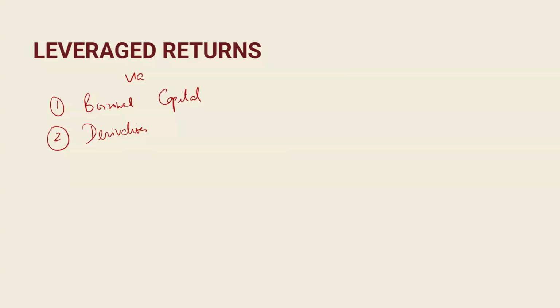When we talk about leverage returns, the formula is this. RL, the leverage return, is given by RP plus VB divided by VE, multiplied by RP minus RD.